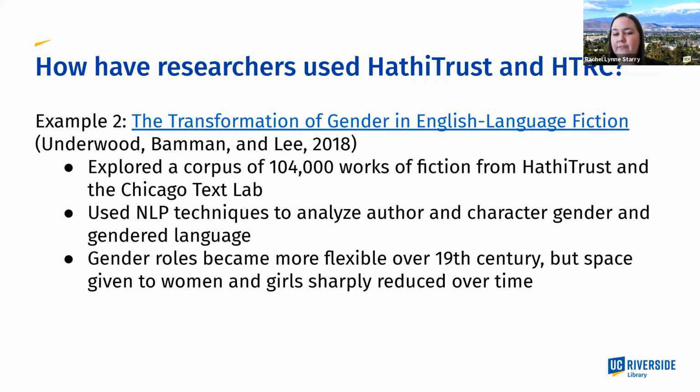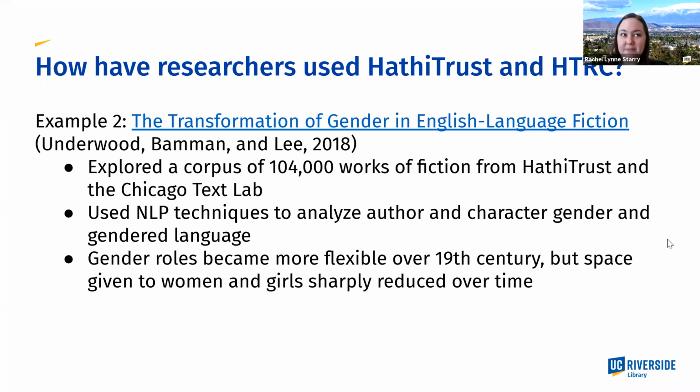They found two almost paradoxically contrasting conclusions. Gender divisions between characters, the way the characters were described, became less sharply marked over the course of the 19th century. But at the same time, the percentage of fiction written by women authors dropped significantly, and the number and percentage of characters identified as women and girls also dropped.